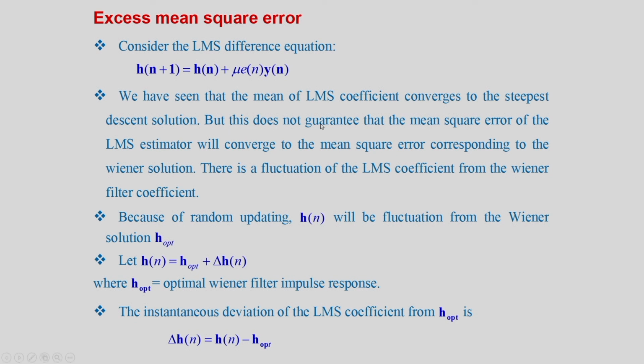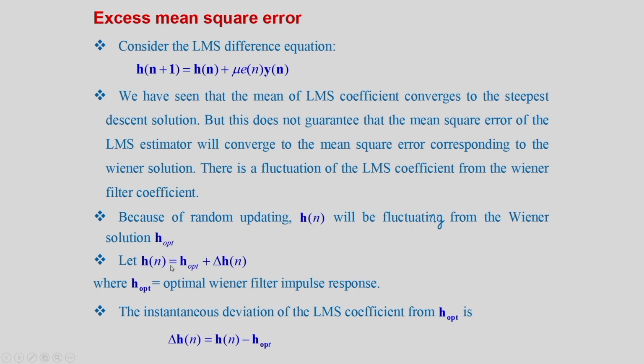But this does not guarantee that the mean square error of the LMS estimator will converge to the mean square error corresponding to the Wiener solution. There is a fluctuation of the LMS coefficient from the Wiener filter coefficient. Because of random updating, Hn will be fluctuating from the Wiener solution H opt.